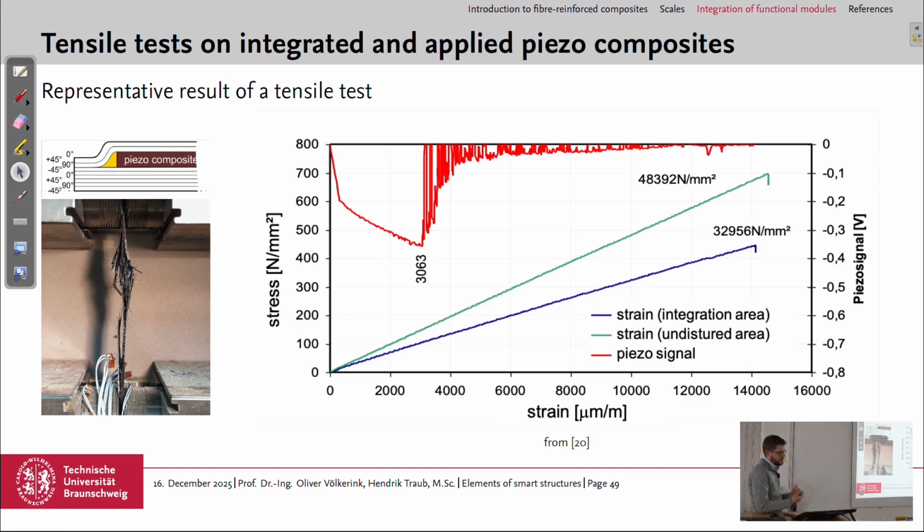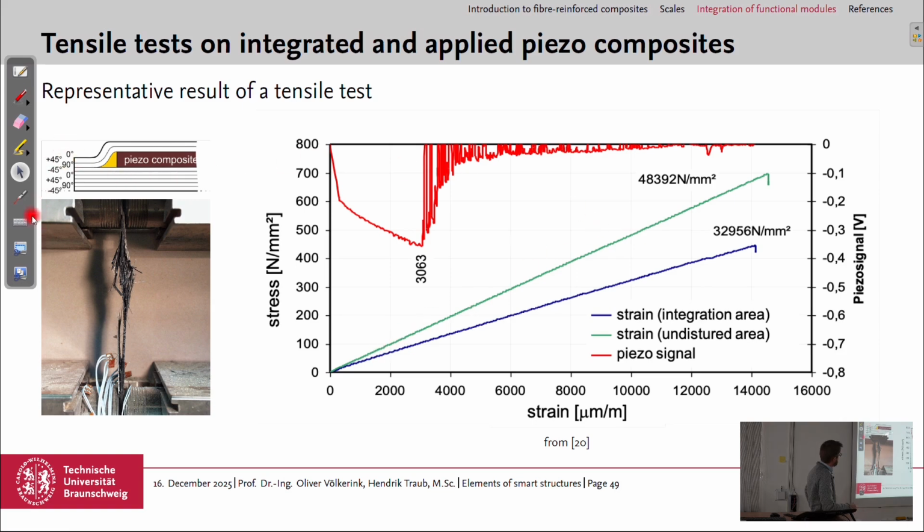Then they were tested in a UTM, tensile testing machine. This is one test example, or one representative result, of the specimen without any cutout. Here's the fractured tensile test. And we have here a stress-strain diagram where we can see the strain in the integration area and the strain in the undisturbed area.